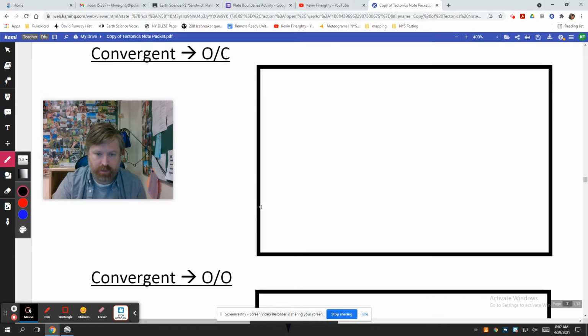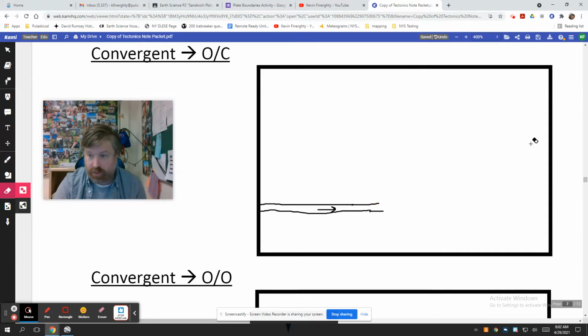On this side over here I'm going to start with our oceanic crust. If you remember drawing that on the last one, it's thinner, so we're going to draw it thinner like this. What happens if this is moving away into thicker continental crust?